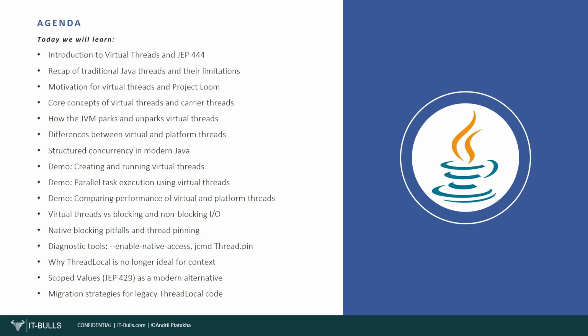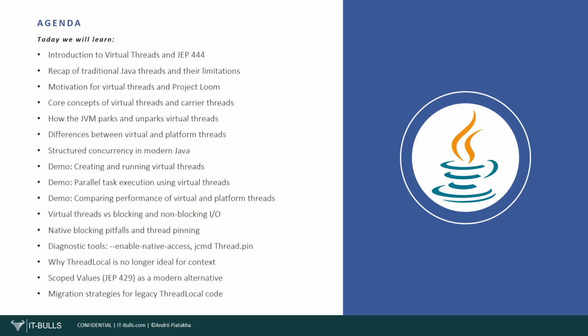I'll also show you how to detect issues like thread pinning, using tools like Enable Native Access and JCMD thread pin. Towards the end of the session, we'll explore why ThreadLocal is no longer a good fit in the world of virtual threads, and I'll introduce you to a better alternative, scoped values, as proposed in JEP 429.